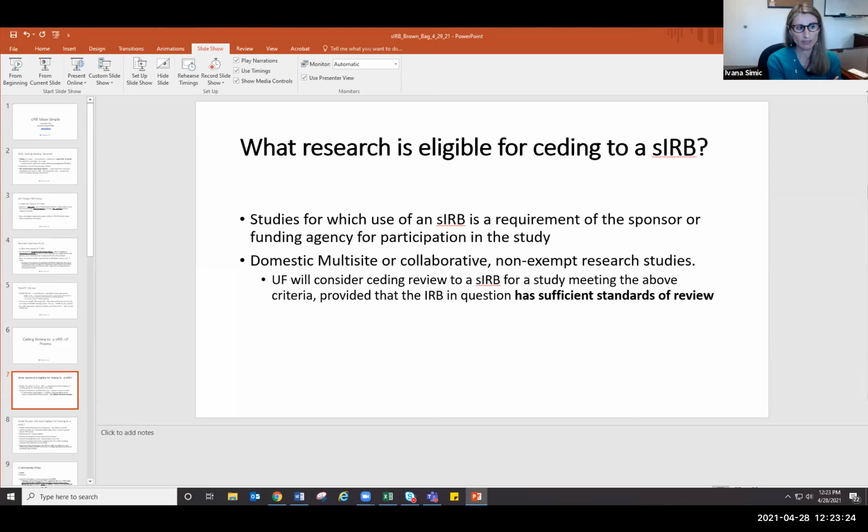So we are AHRP accredited, and we consider that any other institution that's AHRP accredited has sufficient standards of review, or if not AHRP accredited, we would confirm through looking over documents of interest that the institution has standards equivalent to those that are AHRP accredited. So again, the takeaway from this: what matters for eligibility is the funding status of the study, and that the study is not international; it has to be obviously multi-site and non-exempt.